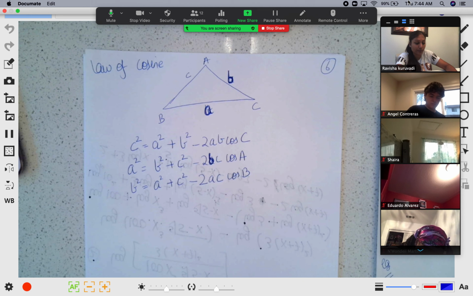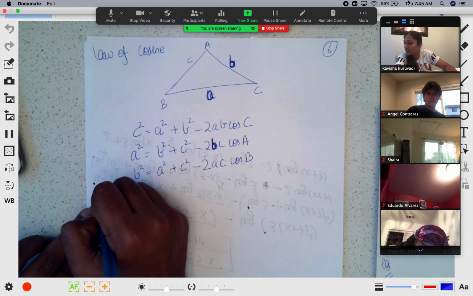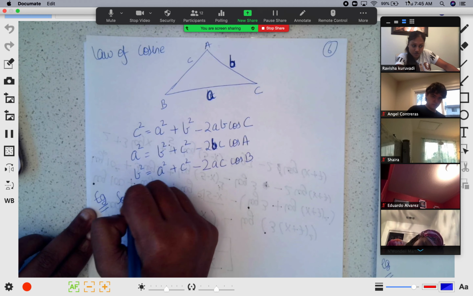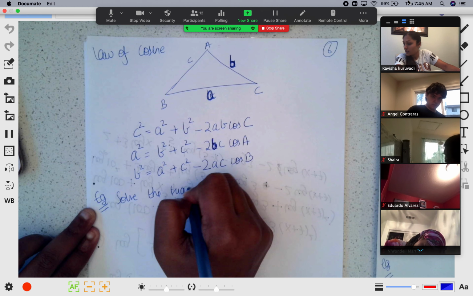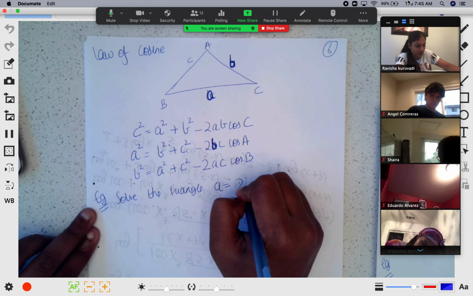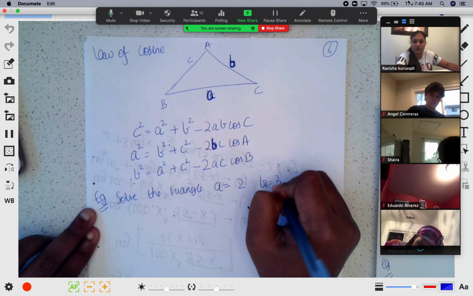So an example you're going to get is: solve the triangle. You're given A as 2, B as 3, and C as 60 degrees.